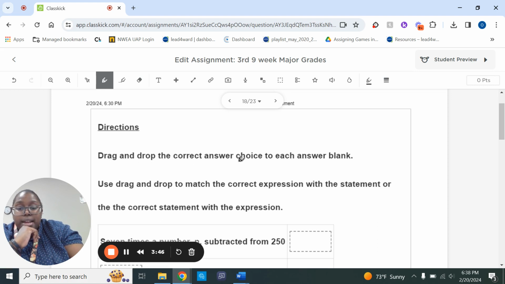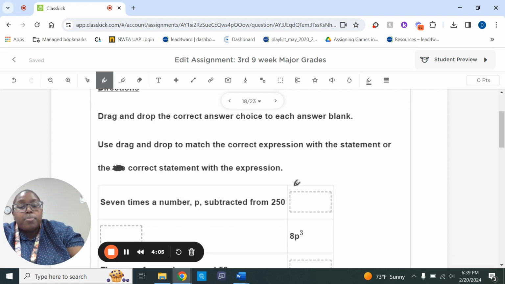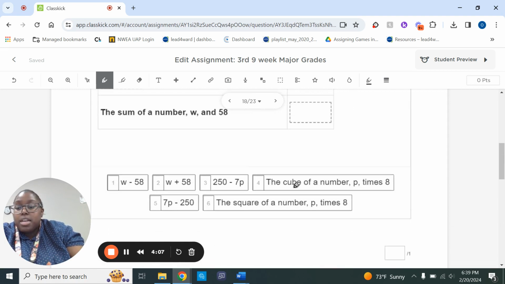Drag and drop the correct answer choice to each answer blank. Use drag and drop to match the correct expressions with the statement or the correct statement with the expression. I think this is a typo on my part. It's only supposed to be one though. So obviously I can't drag and drop, so I'm just going to write the numbers.